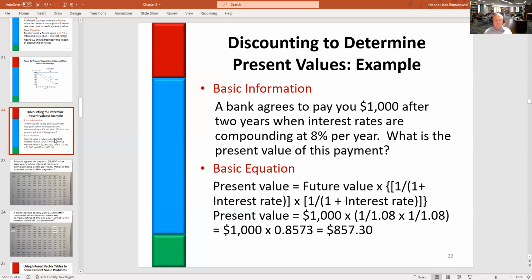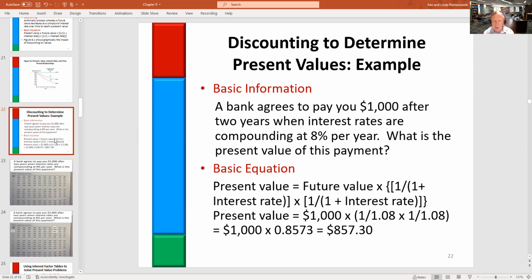So using the formula that we mentioned previously, you take the future value of $1,000, multiply it by 1 divided by 1 plus 0.08, which is the interest rate. And then since it's for 2 years, multiply that number again by 1 divided by 1 plus 0.08, which is the interest rate.